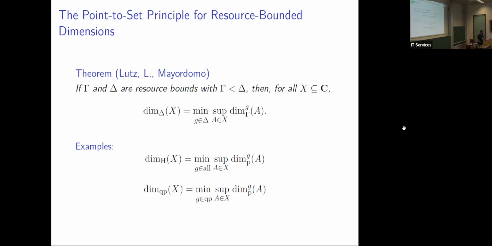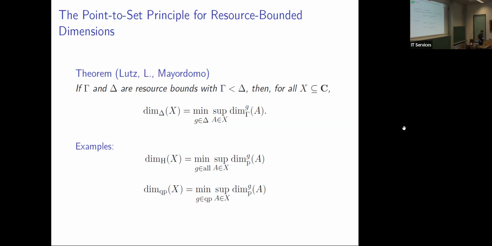If you have these two resource bounds with the relationship that delta parameterizes gamma, then the delta dimension of X is the minimum over function oracles G in delta of the supremum over A in X of the gamma dimension relative to G of A. For example, this tells us that the Hausdorff dimension of X is the minimum over all oracles G of the supremum over points A of the P dimension relative to G of A, which is what I said before: we could restrict to polynomial-time dimension on the right-hand side without affecting anything, because the oracle G is sufficiently strong to compensate for that.